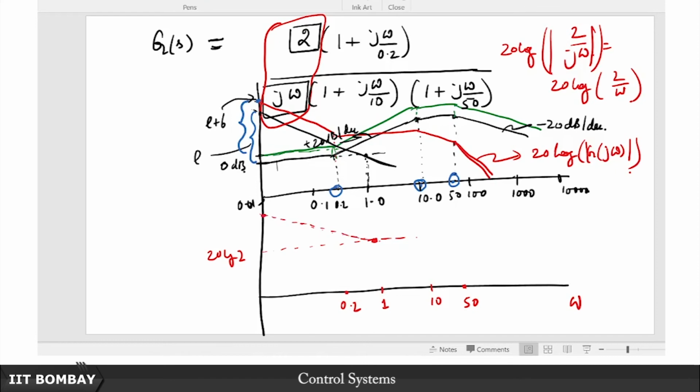Once you have accounted for this factor, it is very simple. Start with this plot here. The first time you encounter a corner frequency or a break frequency, ask yourself if it is a pole or a zero.